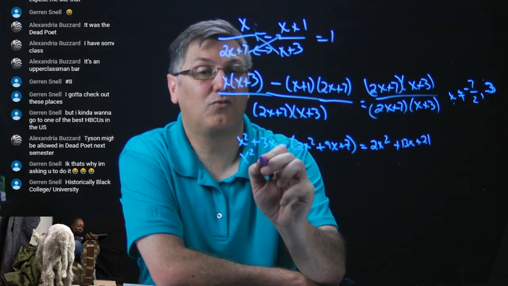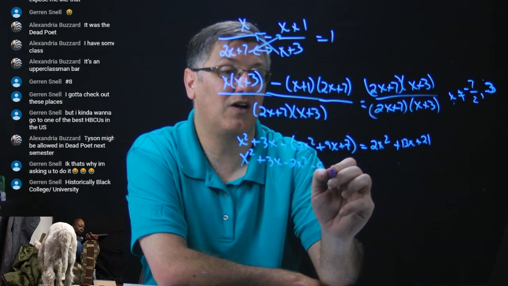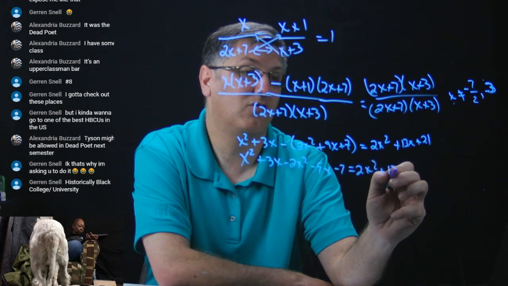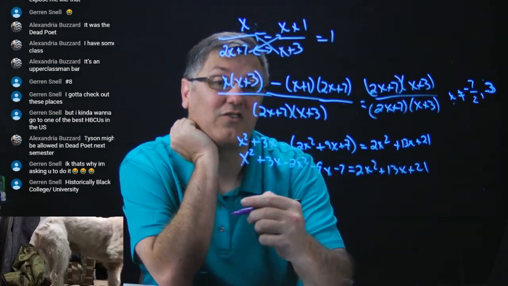So we have x squared plus 3x minus 2x squared minus 9x minus 7 equals 2x squared plus 13x plus 21. Basic math here. Combine like terms.